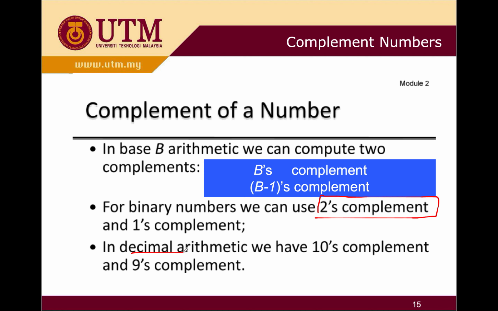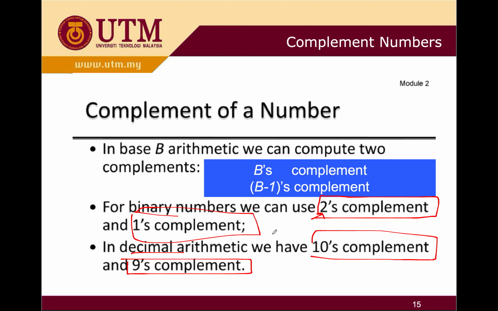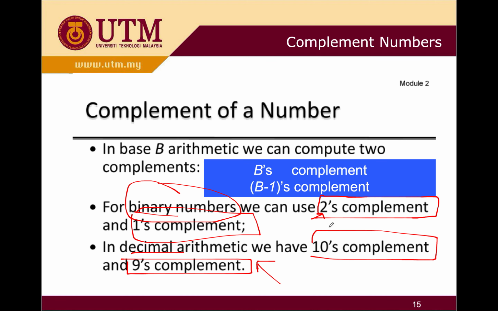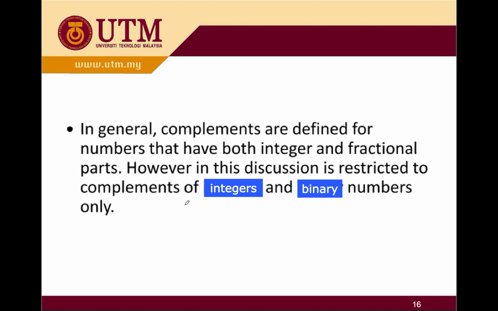And for decimal, we can have 9's complement and 10's complement. Sorry, for binary numbers, we have 2's complement and first complement. But what we're going to look at is only binary numbers. We're not going to look into decimal arithmetic. So that's why we're going to focus on first complement and second complement for binary numbers.